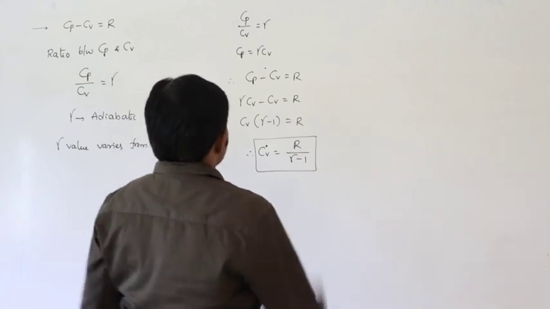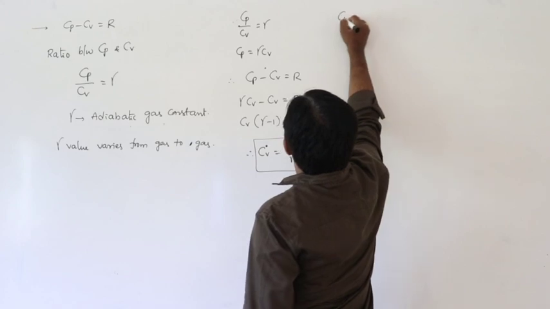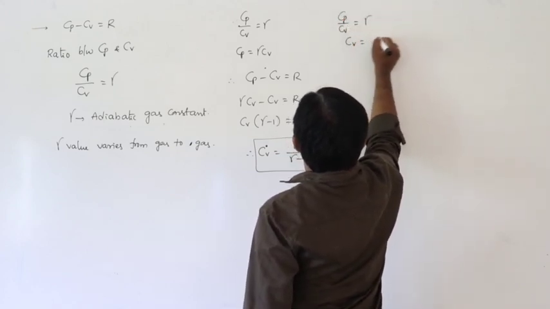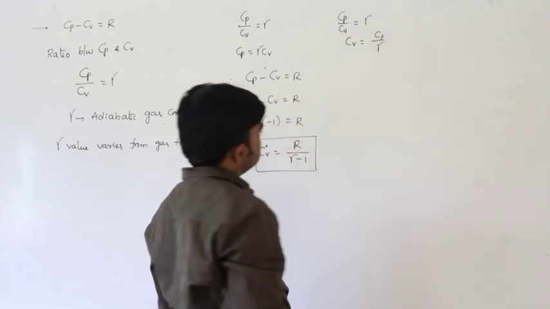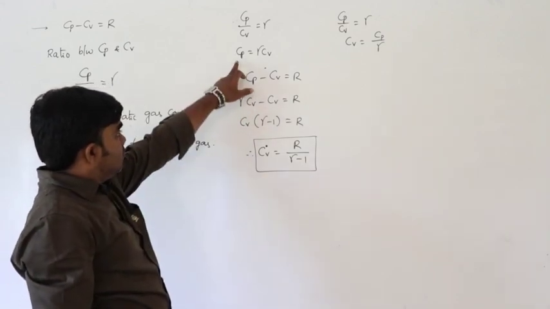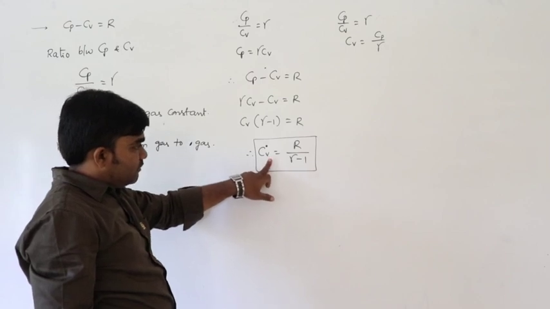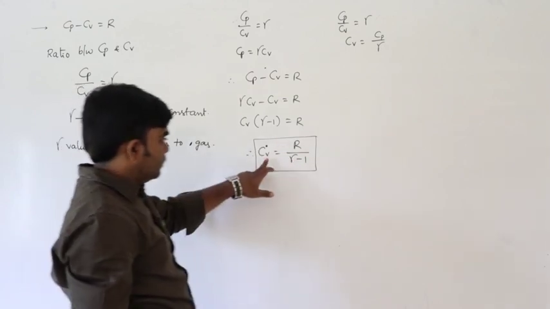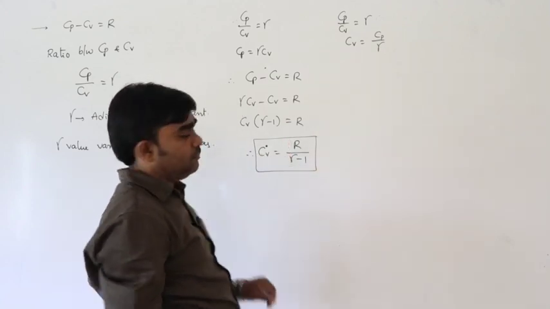Next, in the same way, from Cp by Cv is equal to gamma, Cv can be written as Cp by gamma. What we calculated is the value of Cv is equal to R by gamma minus 1.